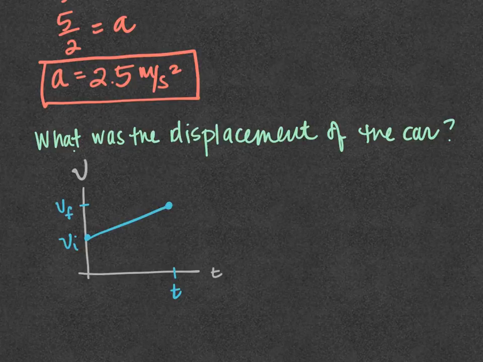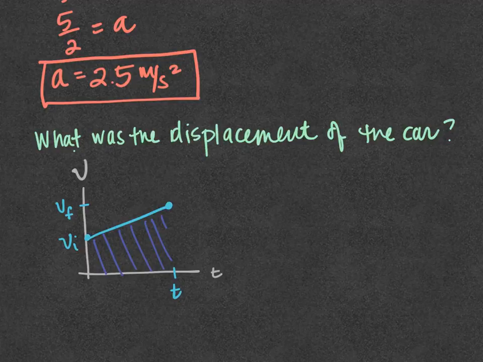So if we look at the graph, when you have an initial velocity that is not 0, and we've got some final velocity and some time, we would need to find the area under this line, and that area would represent our displacement. Now, that is not an easy object to do, so we could think about splitting this into a rectangle and a triangle, just to make the math a little easier.